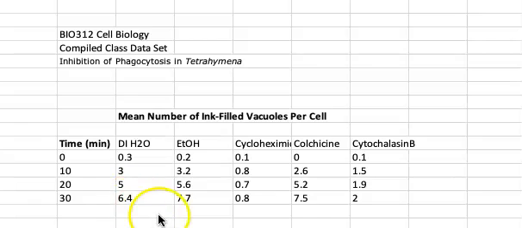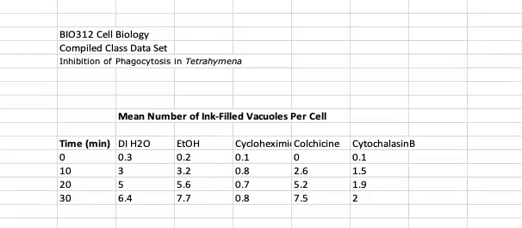From the ethanol to the cytochalasin B, we see a difference. It looks like a steady increase here. It looks like very little, if any, increase here. Okay, so we have some interesting data to evaluate.